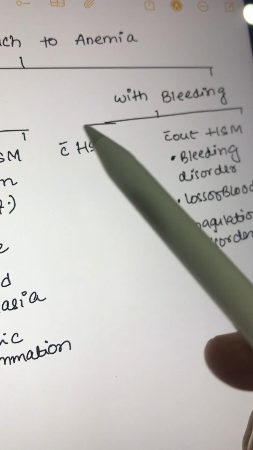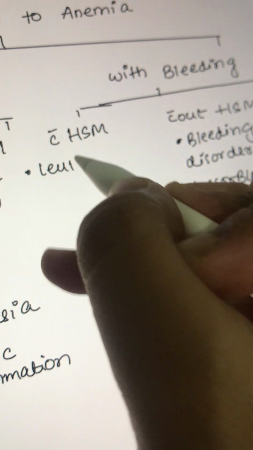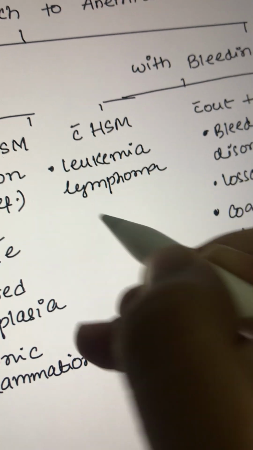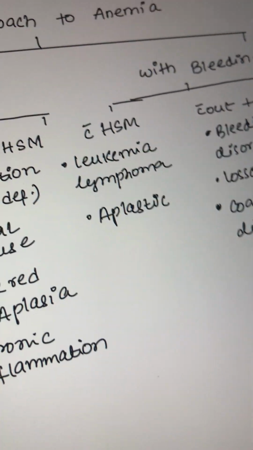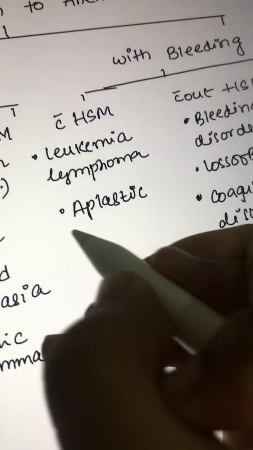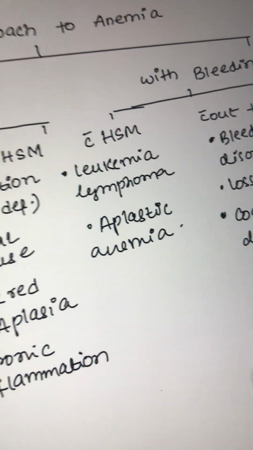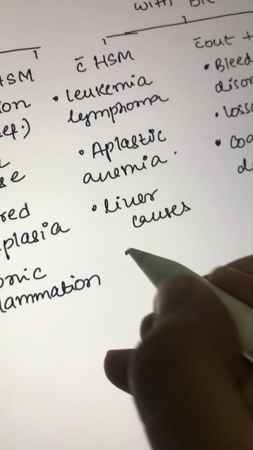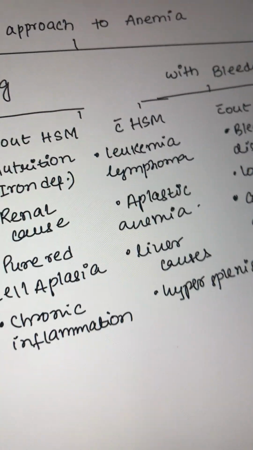Now anemia with bleeding but with hepatosplenomegaly, we will look for neoplasms, leukemia, lymphoma, aplastic anemia, it can be liver causes, it can be hypersplenism.